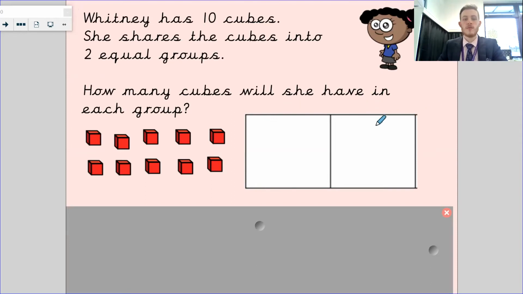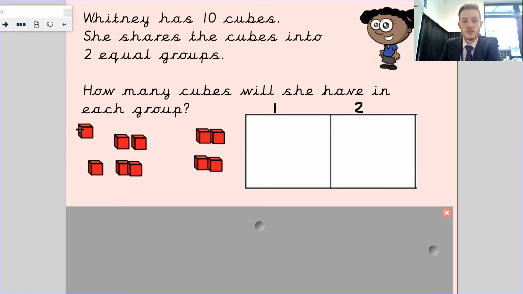So let's split them into our 2 equal groups. I need to share them. I'm not grouping because I don't know how many to group by. If I just put them randomly and group them by 4, I'm going to get it wrong, because I then can't group these 2 in 4 because I've not got enough. So it is not about grouping because I've not read the question.